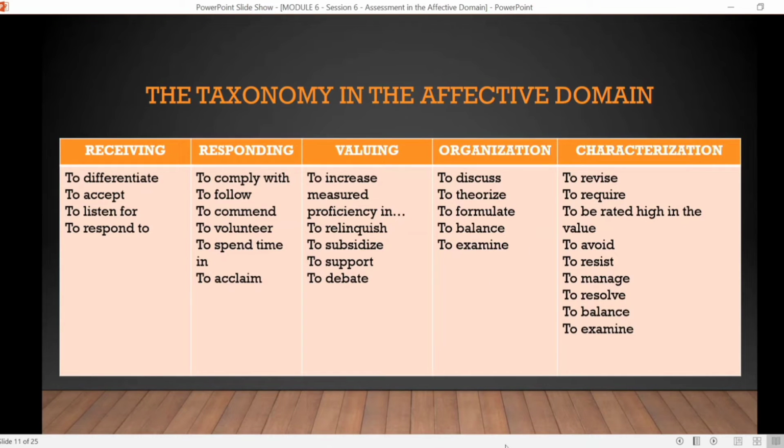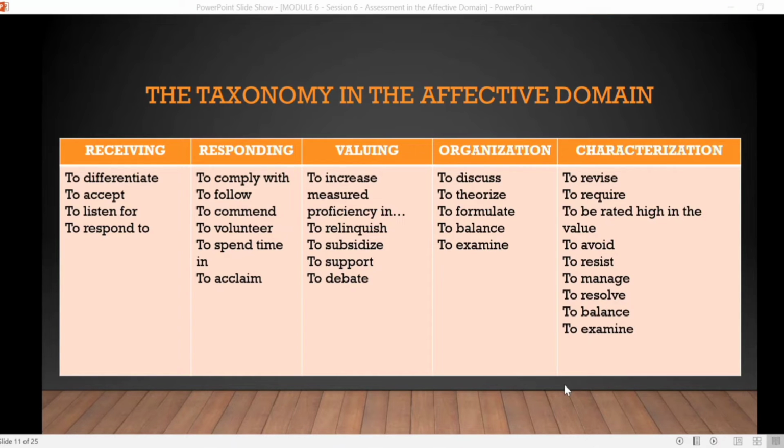What you are doing is balancing your facts, deciding what to do with the values that you received. And under characterization: to revise, to require, to be rated high in the value of, to avoid, to resist, to manage, to resolve, to balance, to examine.